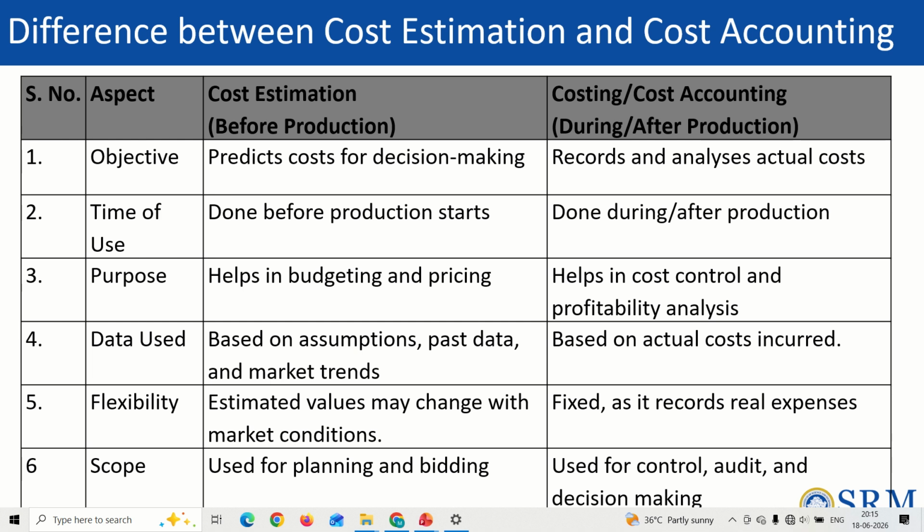Estimation predicts cost for bidding and pricing, whereas costing records actual expenditures for control and post-production profitability analysis. Data source. Estimation relies heavily on assumptions, past data and market trends, whereas costing deals strictly with the concrete real-world expenses incurred. Flexibility. Estimated values are highly flexible and adjust to shifting market conditions, whereas costing values are fixed historical records of real expenses.